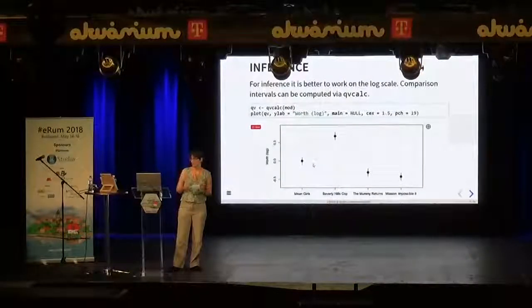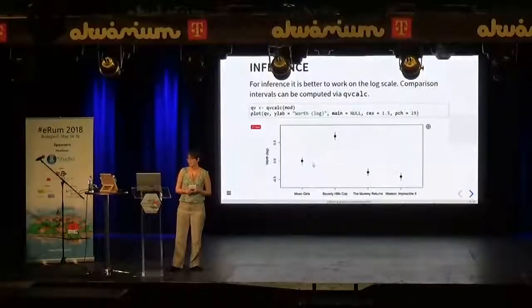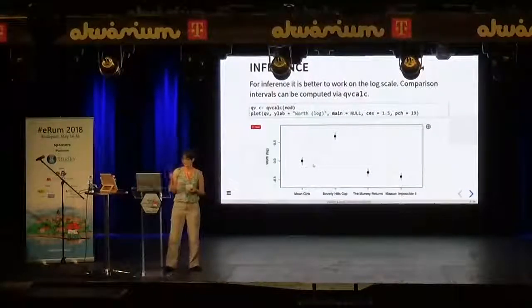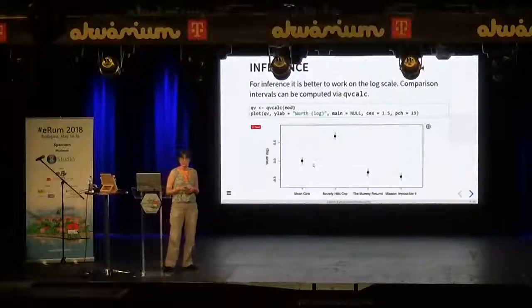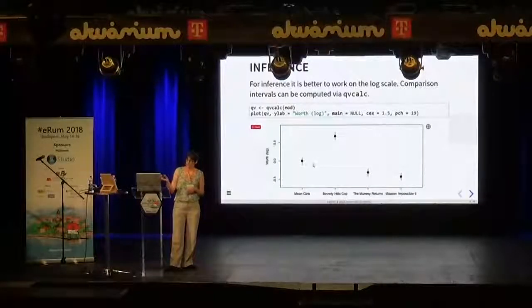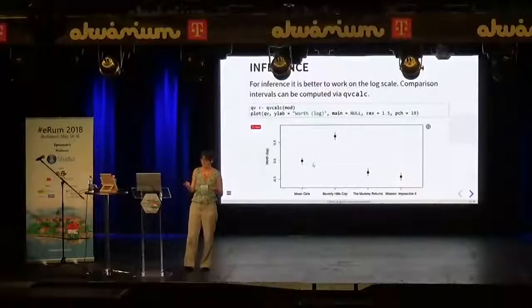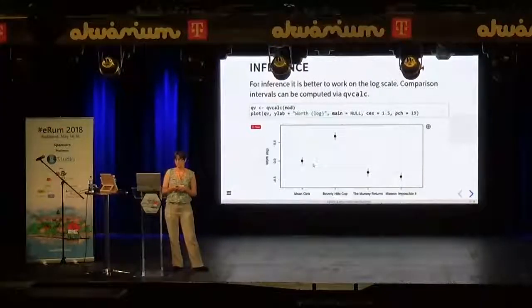If they overlap, there's no significant difference. If there's separation, we can say they're significantly different. So in this case, we can say Beverly Hills Cop was significantly preferred over all the other movies, and then Mean Girls, but the other two movies, The Mummy Returns and Mission Impossible 2, are much of a muchness. There wasn't a significant difference between them.